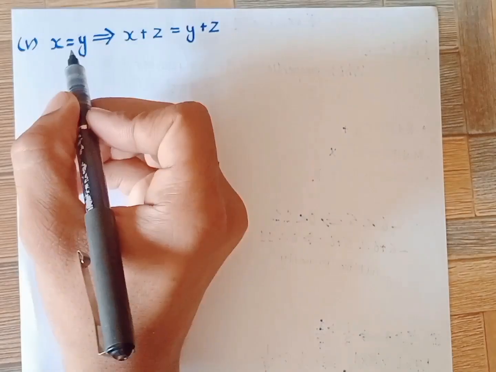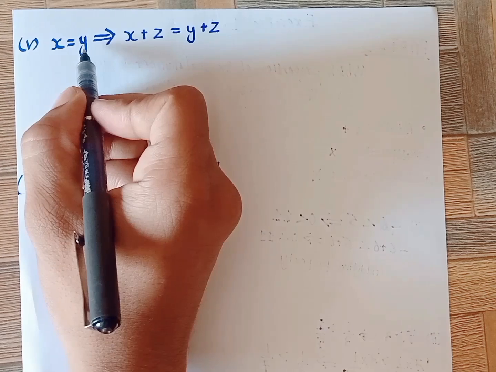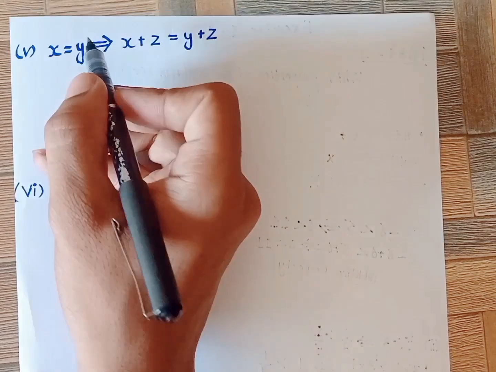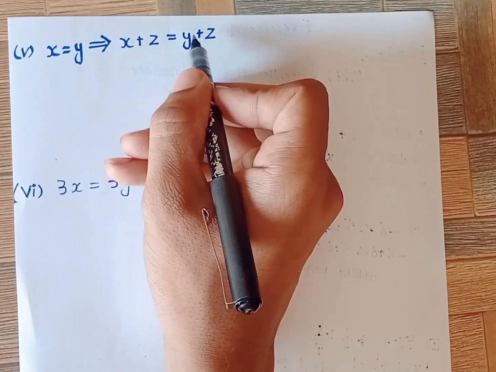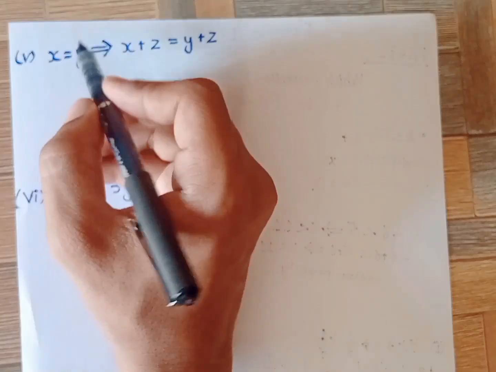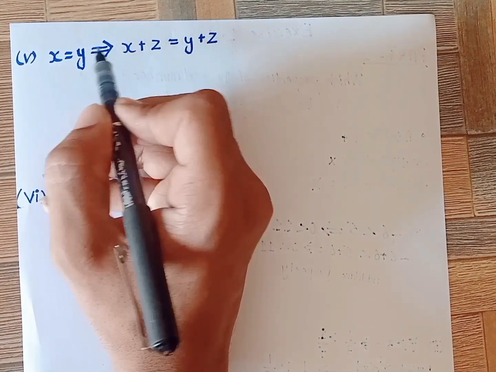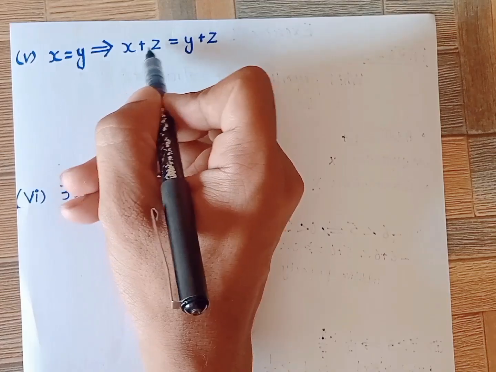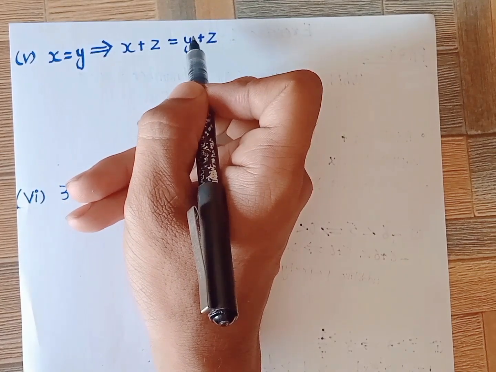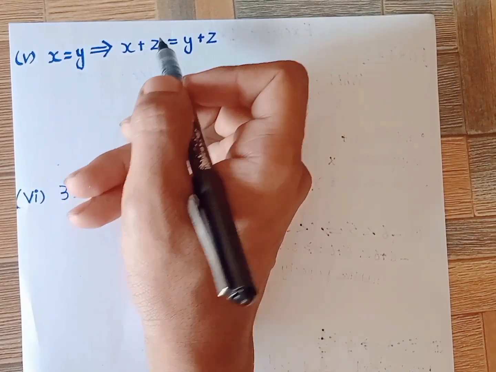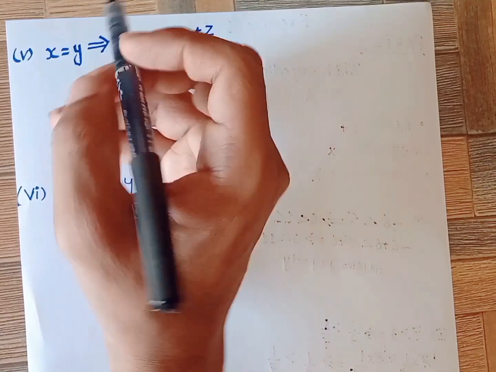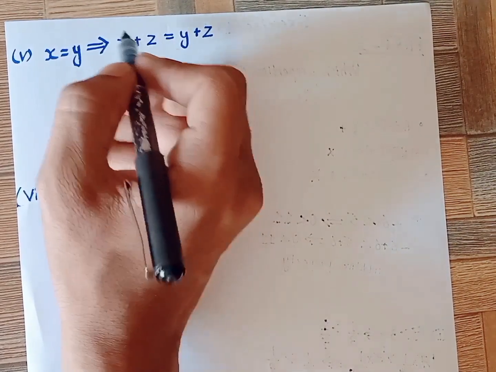The fifth question is x is equal to y, so x plus z is equal to y plus z. What is to be done with x is equal to y so that we get x plus z is equal to y plus z? We will be adding a constant value to both sides.